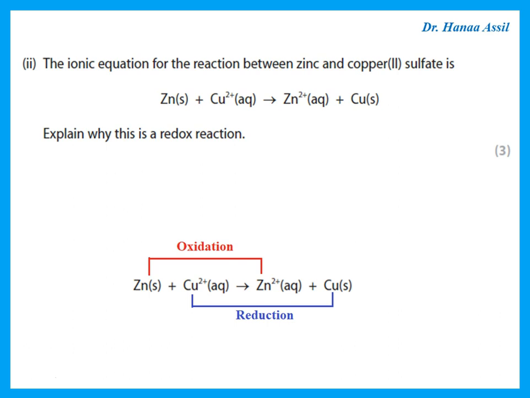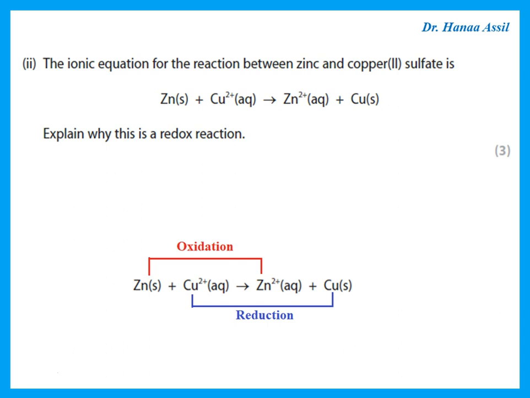That means it has lost electrons. Loss of electrons is oxidation. Or you can say the oxidation number has increased. So the zinc alone has oxidation number 0. The zinc 2 plus has plus 2 as oxidation number. So the oxidation number changed from 0 to plus 2. That is an increase in oxidation number.